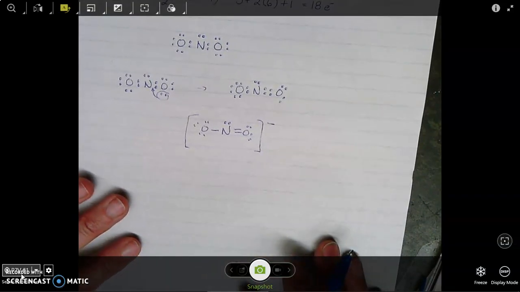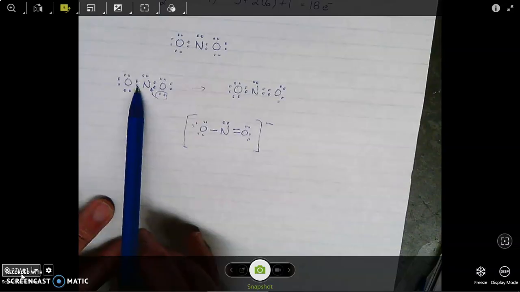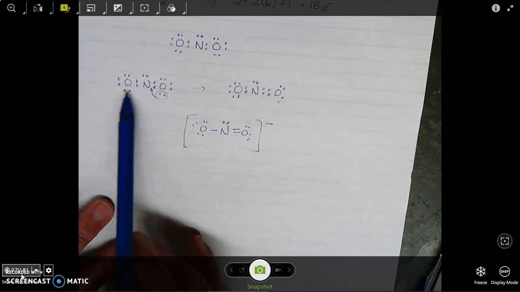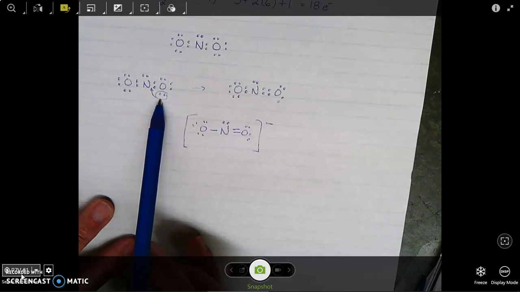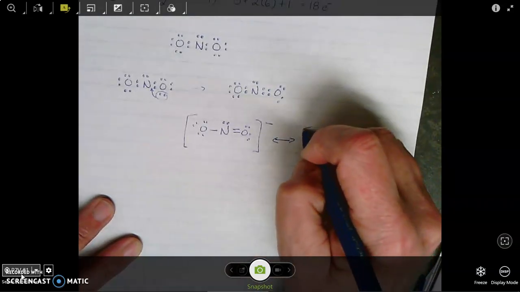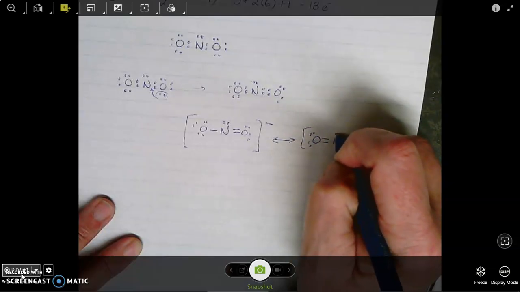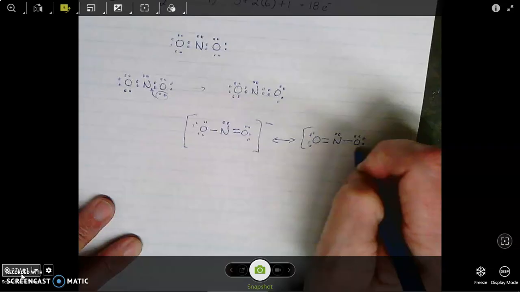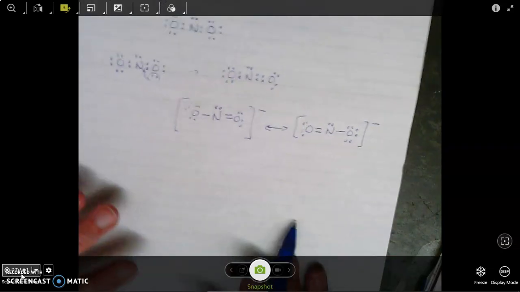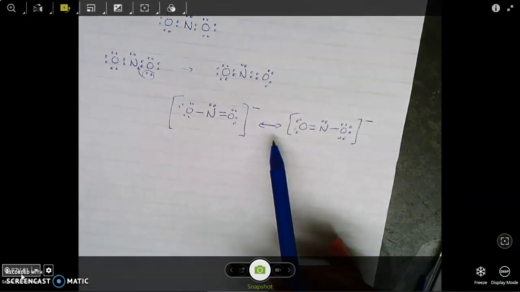But like with the nitrate example, I could just as easily have pulled electrons from this oxygen and made a double bond here instead of here. Because both of those possibilities are equally likely, I have to indicate that with my push me, pull you arrow, show the other possibility as the other resonance structure, and understand that these two possibilities interchange so quickly so as to make the nitrogen-oxygen bond lengths indistinguishable.